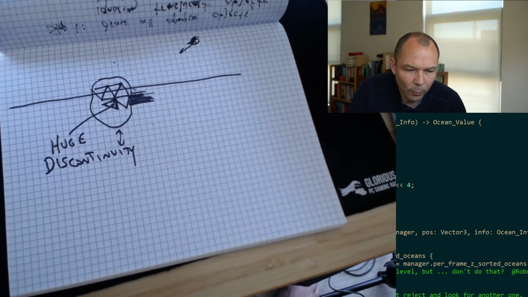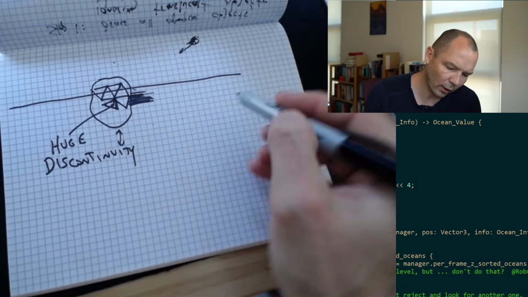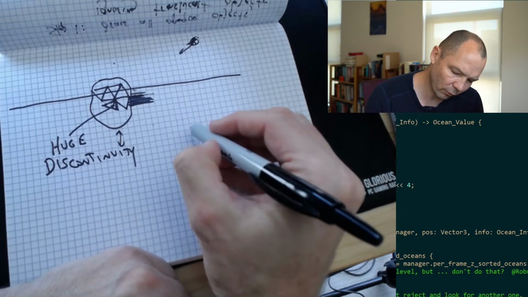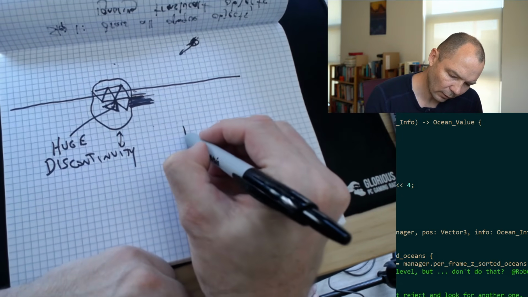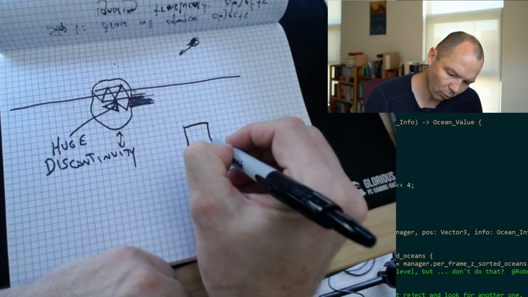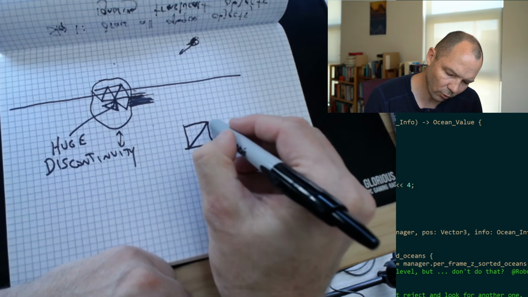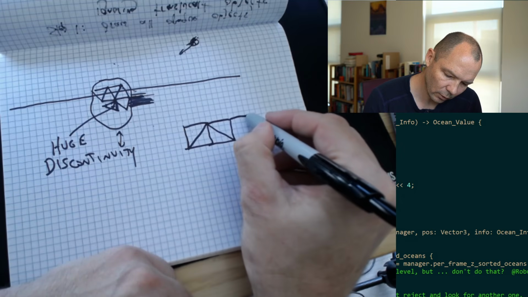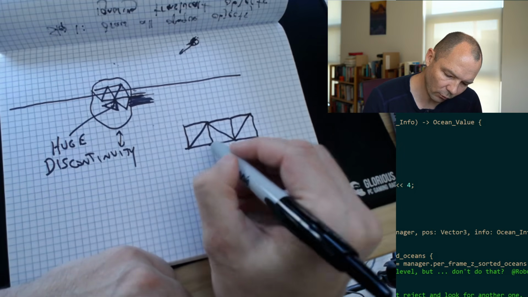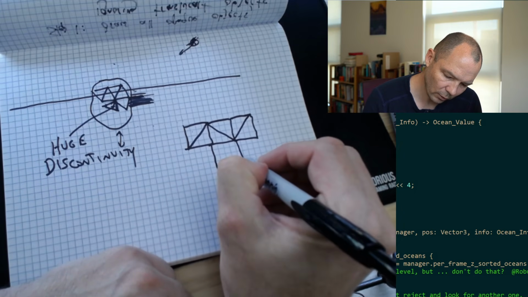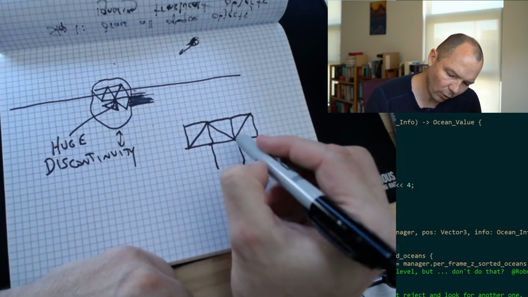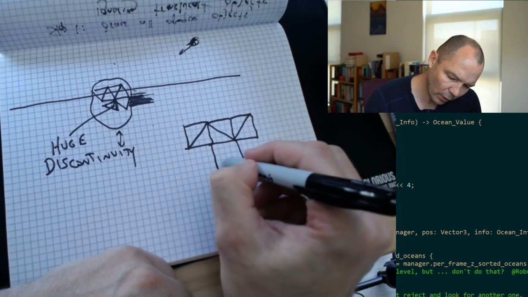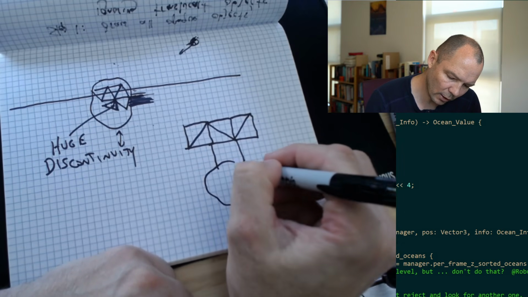Would the initial three-step approach work if you split the ocean in individual rows, one object per row? No, because if we look at the top view of the ocean, let's say the ocean is divided into squares, and each square is two triangles. This is pretty common. There are different ways of choosing this triangulation, but whatever, it's triangles like this, and then we have our object sticking through the ocean.